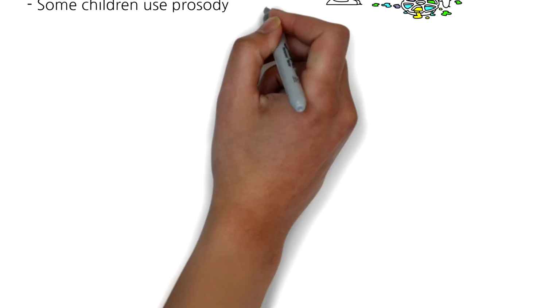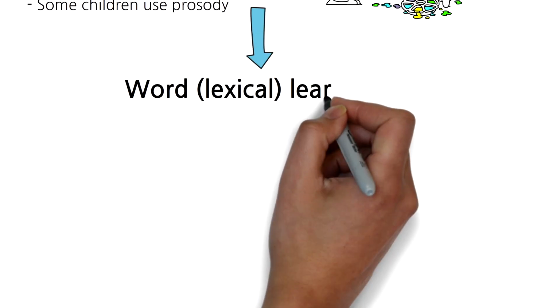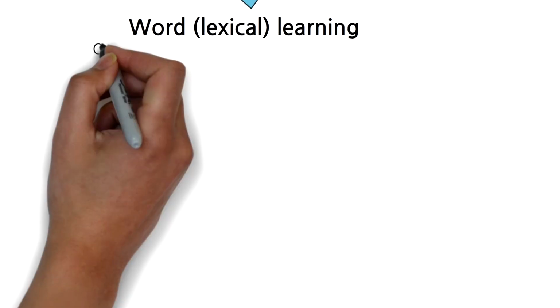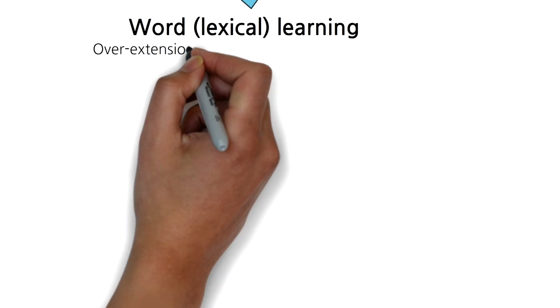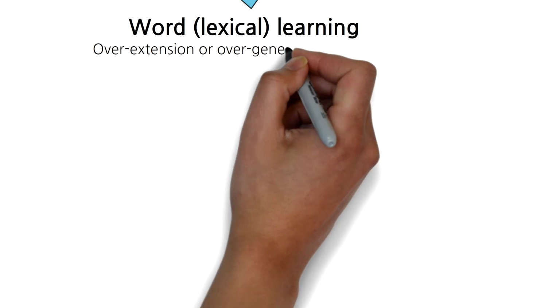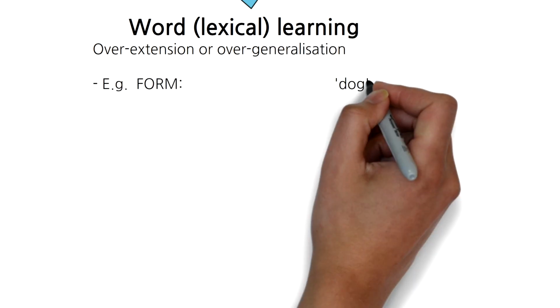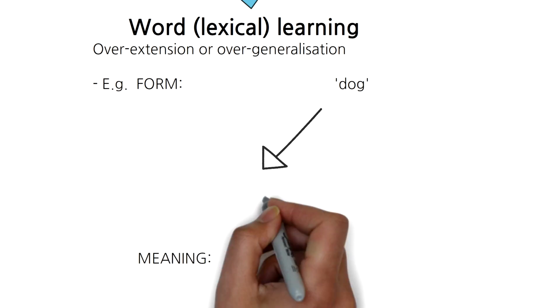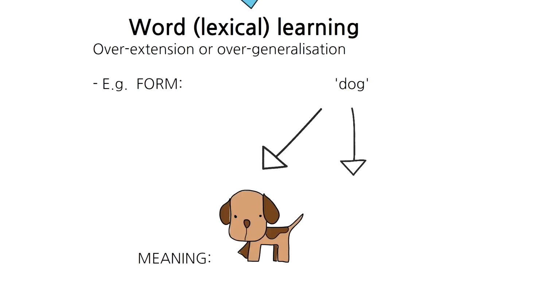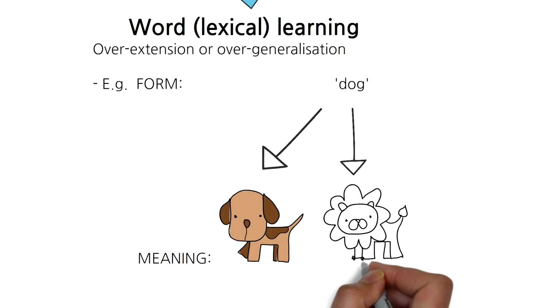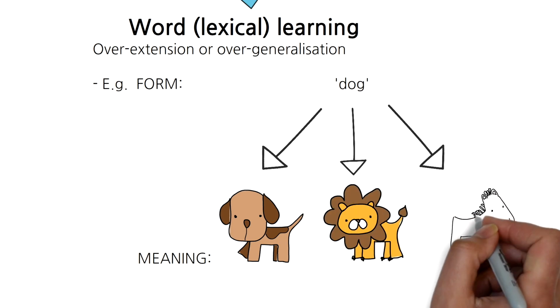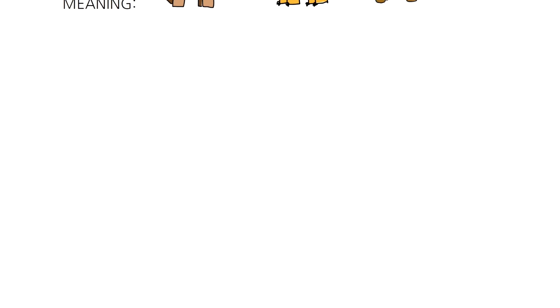Now let's look at word learning or lexical development. It can be difficult for some infants to get the right meaning for their word. There can often be overextension or overgeneralization. For example, the form of the word dog can be applied to puppies, pets, perhaps even other animals such as horses or lions, to just describe a type of animal that the infant is looking at.